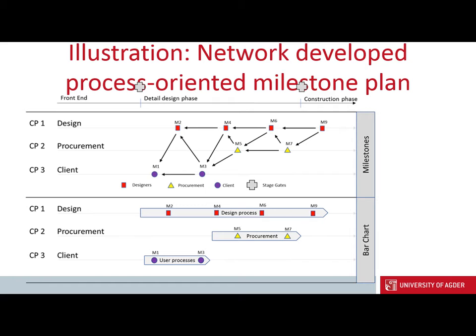If we illustrate this network diagram in a bar chart or a Gantt diagram, it will look something like this. You can see it is much more difficult to see the structure, the interdependencies between the different deliveries. This we can regard as a flow of milestones.